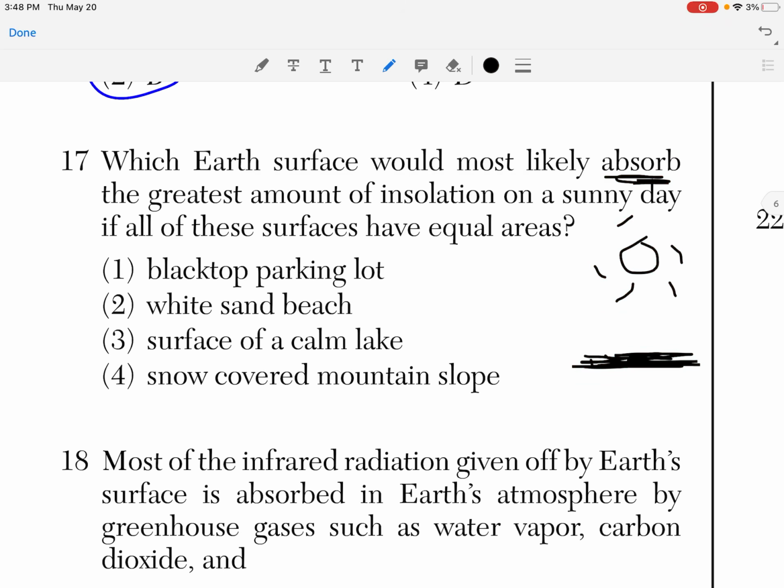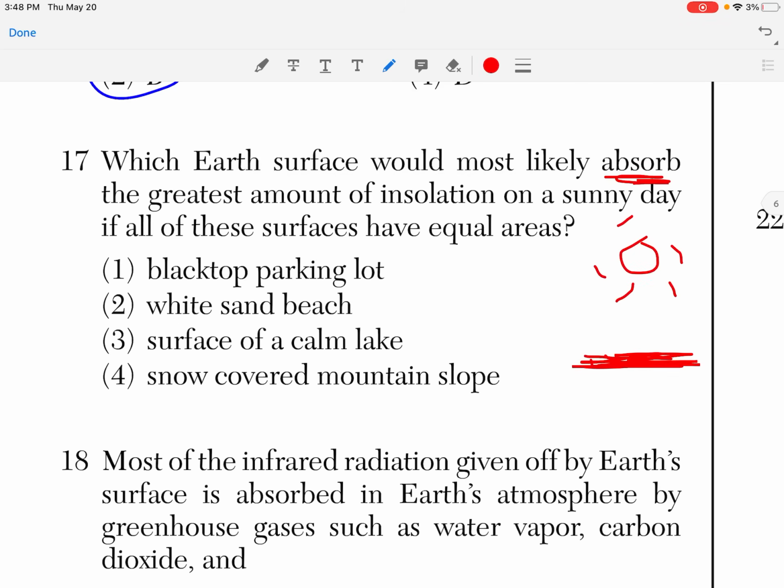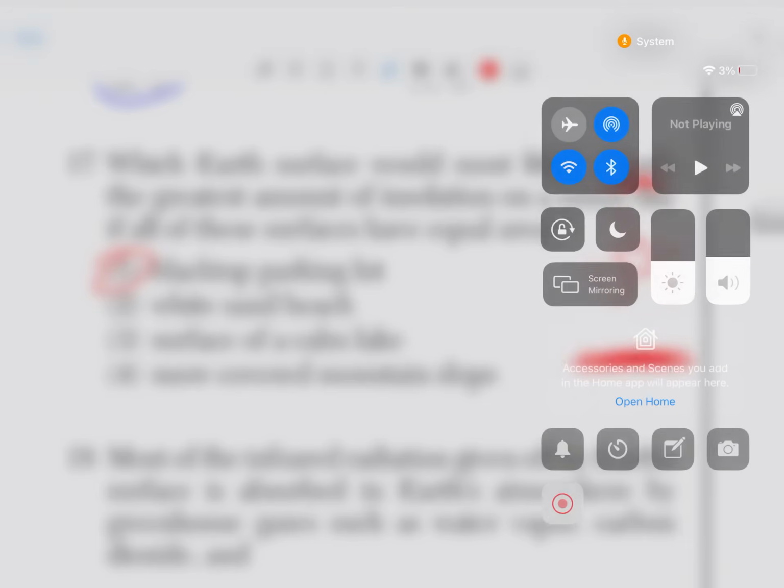Because dark colors tend to absorb more. And if it's kind of bumpy and rough, right? So darker colors, rougher surfaces tend to be better absorbers. Opposite of that would be better at reflecting the light and wouldn't get as hot. So we want to absorb a lot, so we want something dark colored. And if we look at all our choices here, the best choice is number 1. And you can just think about your blacktop driveway on a sunny day. It gets pretty hot. Okay, so that's number 17.